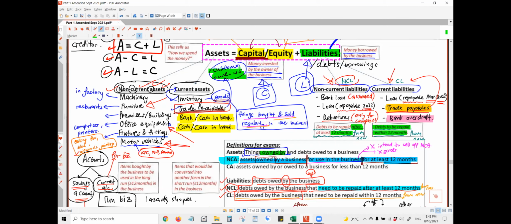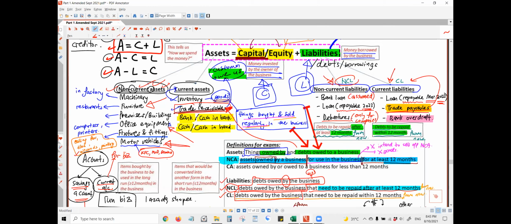You own the customers? No, you can never own another human being. Agree? That's why you need the second part of the definition: debts owed to a business. Can you see? Let me draw an arrow. Do you see this part of the definition here? Debts owed to the business. This second part of the definition actually covers one of the assets known as trade receivables.